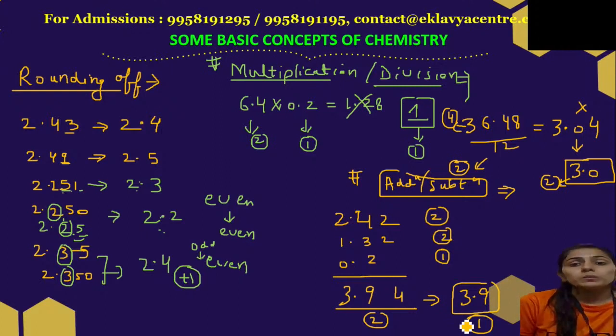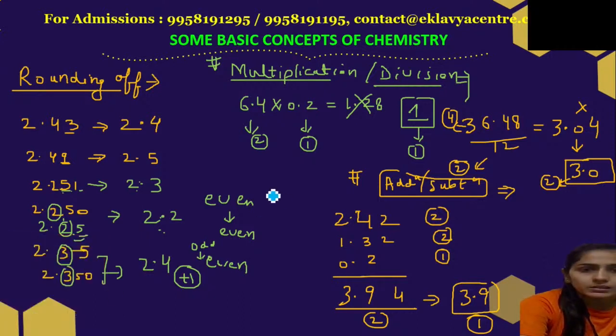Basically what happens in exams is that sometimes they ask such questions and give you very similar options and you might get confused. For example, let us do one more question. This question has come in JEE.